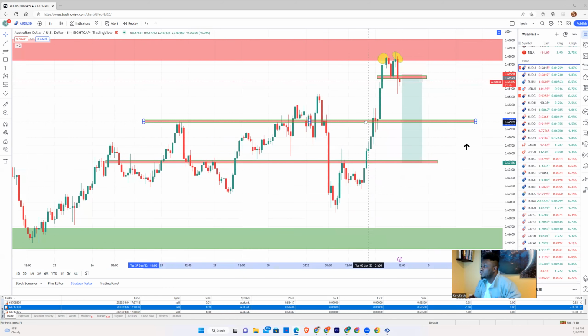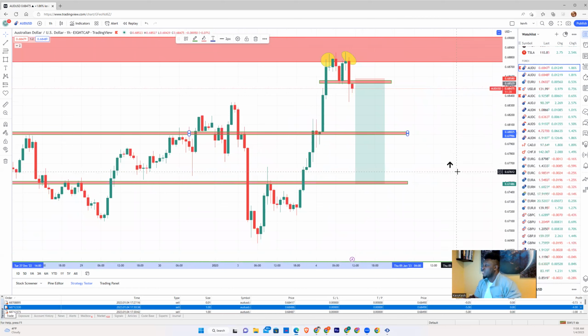Okay, because I want you to see, why am I anticipating that the market will come to those positions? That is why. So this is my current trade.